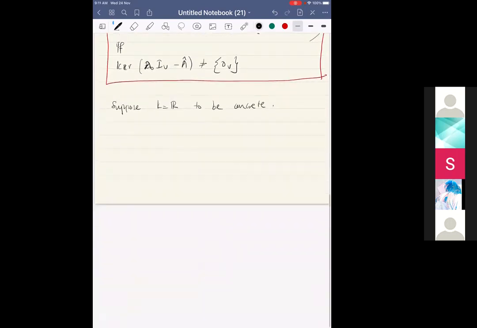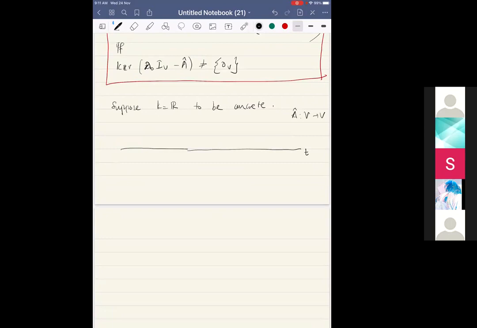Then this is a space of t's. And for every t, given a linear map Â: V to V, I'll have a corresponding map from V to V, namely t times the identity minus Â. So this is t.